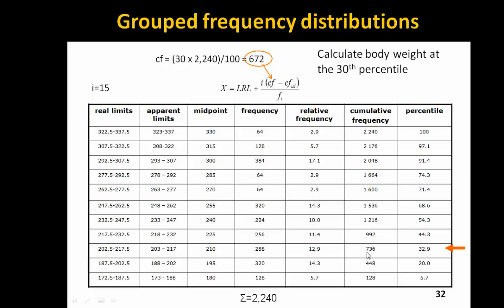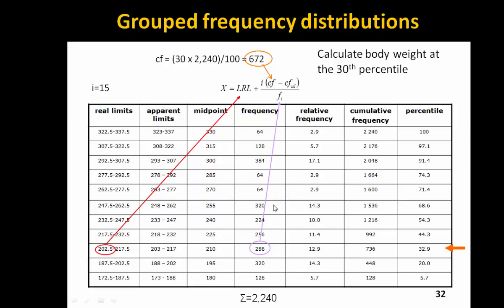So as we can see here, a value of 672 does not exist explicitly on the table, but it's implicitly between these two values, and we need to determine that weight somewhere between there. The lower real limit, so this is the row that we've identified, is what we obtained from the table, so 202.5.